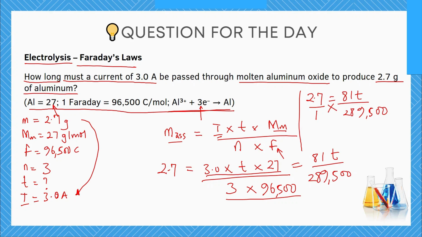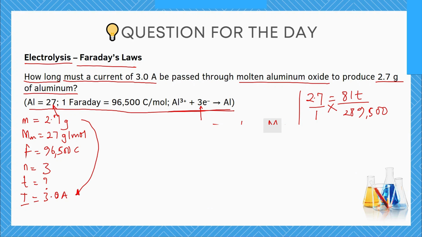When we do that, what we have now is, just permit me to erase a bit. So I have erased. So when we do that, we have 2.7 multiplied by 289,500 is equal to 81T times 1.